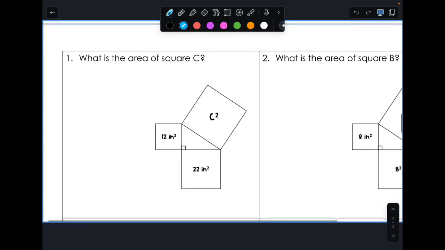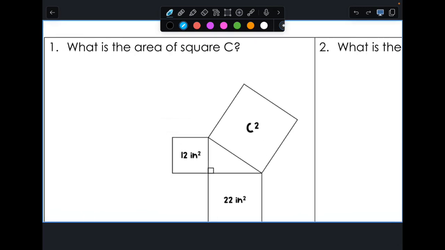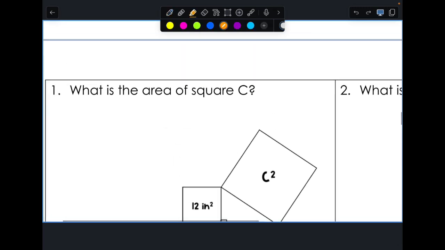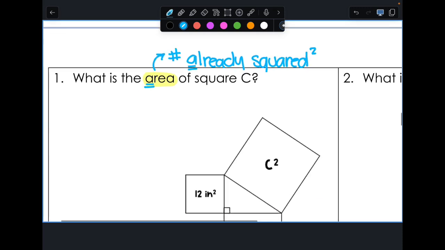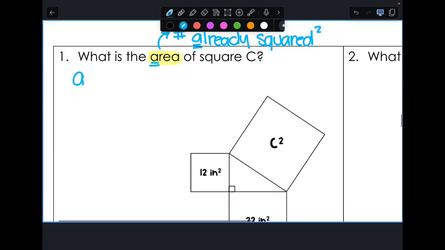Flip it over. So for number 1, they want to know what is the area of square C. One thing you need to know about area is that the number is already squared. Okay, so first thing we're going to do is write our formula.